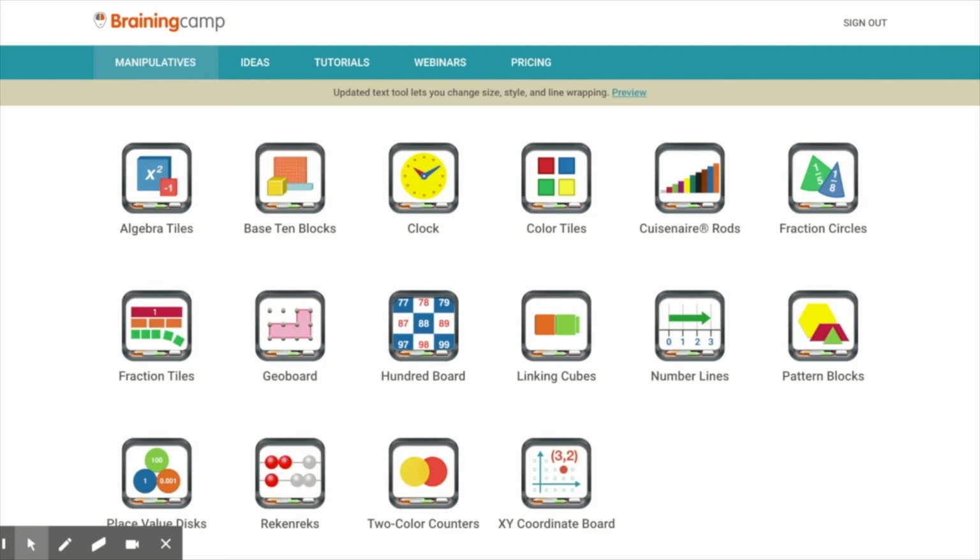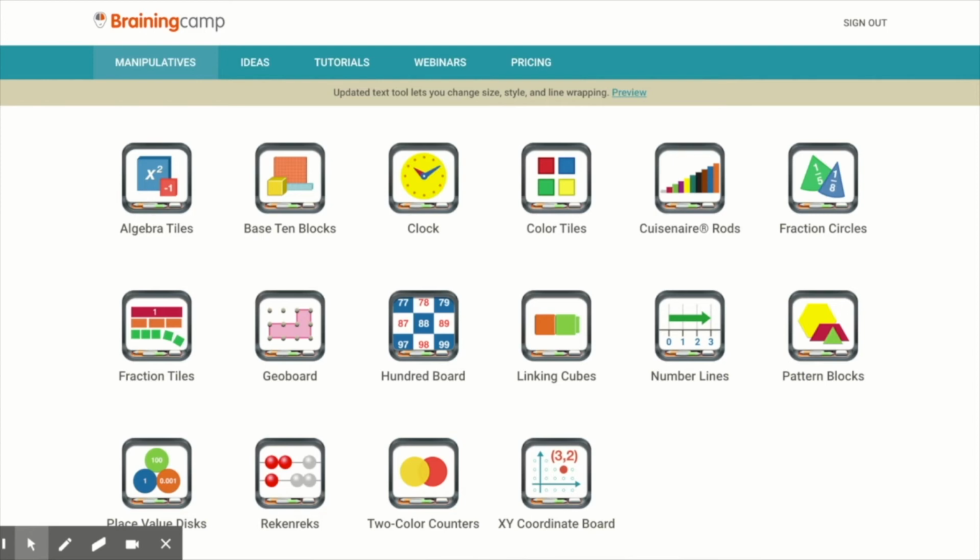Braining Camp is one of the apps that has been embedded into most of the activities that your students have been doing online this school year during distance learning. It's going to be embedded in the activities and tasks that your students are doing the rest of the school year as well.